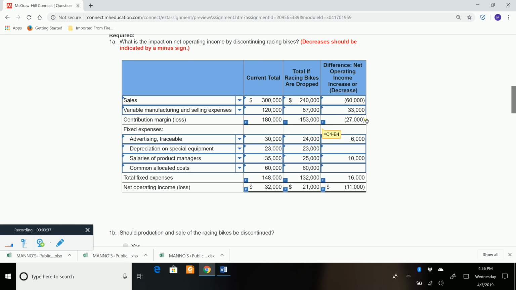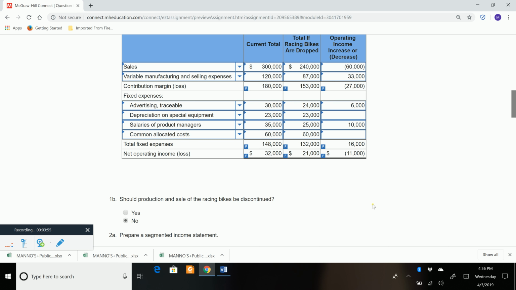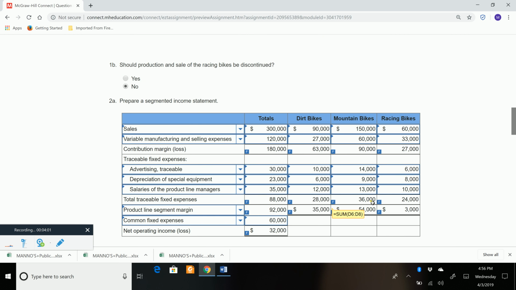So if we lose $27,000 in contribution margin and $16,000 of expenses, we're giving up $11,000 net income. So in actuality, the net income for the company would decrease $11,000 if we got rid of the racing bike division. So should the production and sale of racing bikes be discontinued? The answer is no, absolutely not.